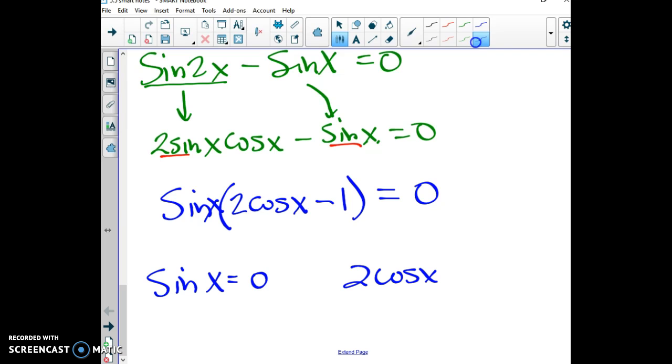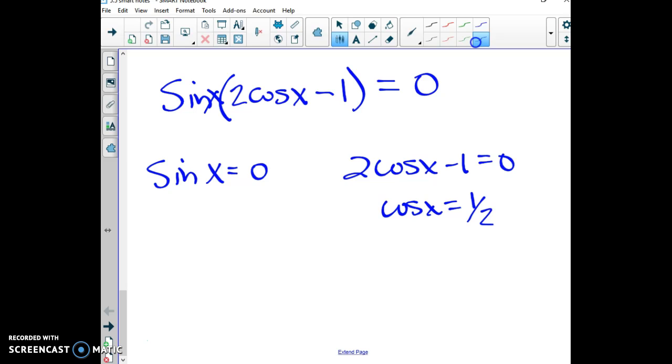2 cosine x minus 1 equals 0. So cosine x is going to equal 1/2 over here. Sine x is 0, so the sine of x is 0 at 0 and pi.